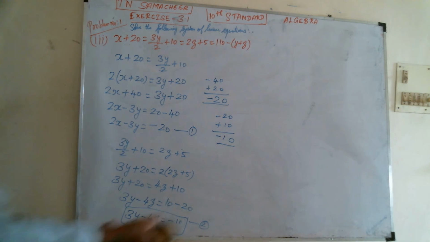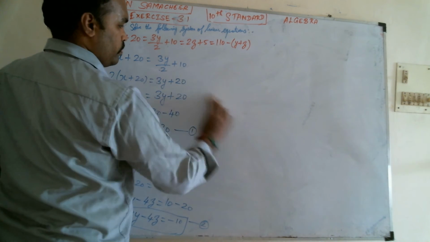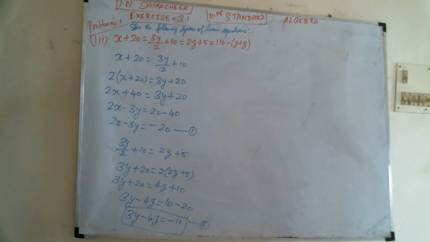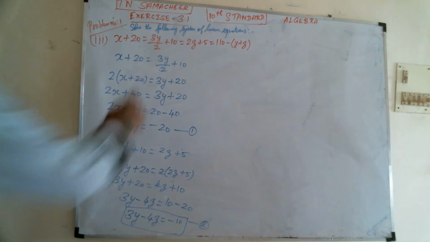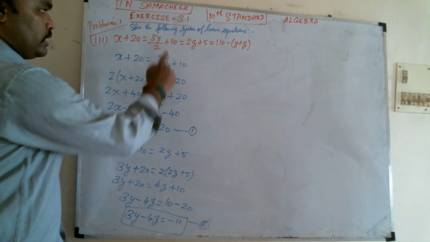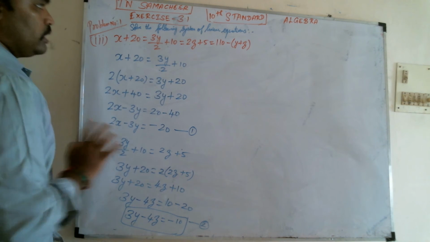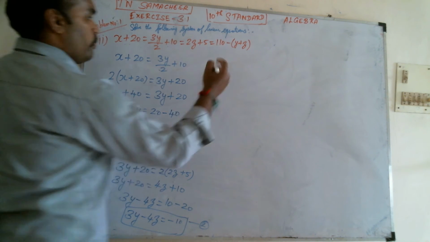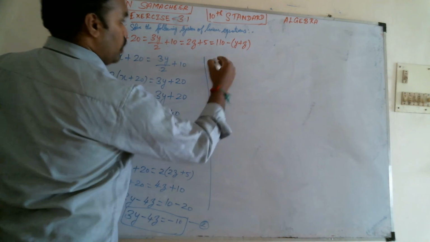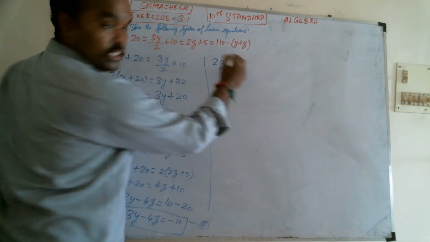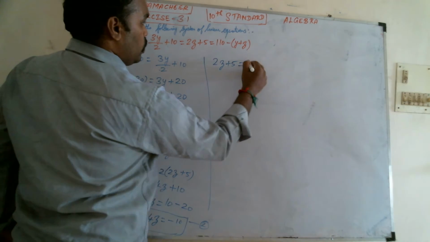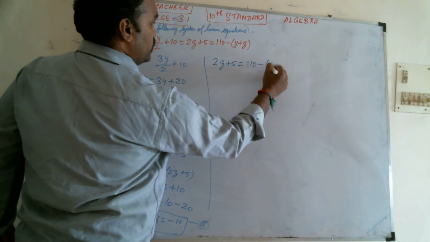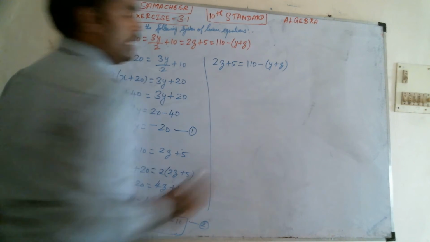So now, next process is, what can we do? First and second we did. Second and third we did. The next, third and fourth we need to do. So how? 2z plus 5 equal to 110 minus of y plus z.